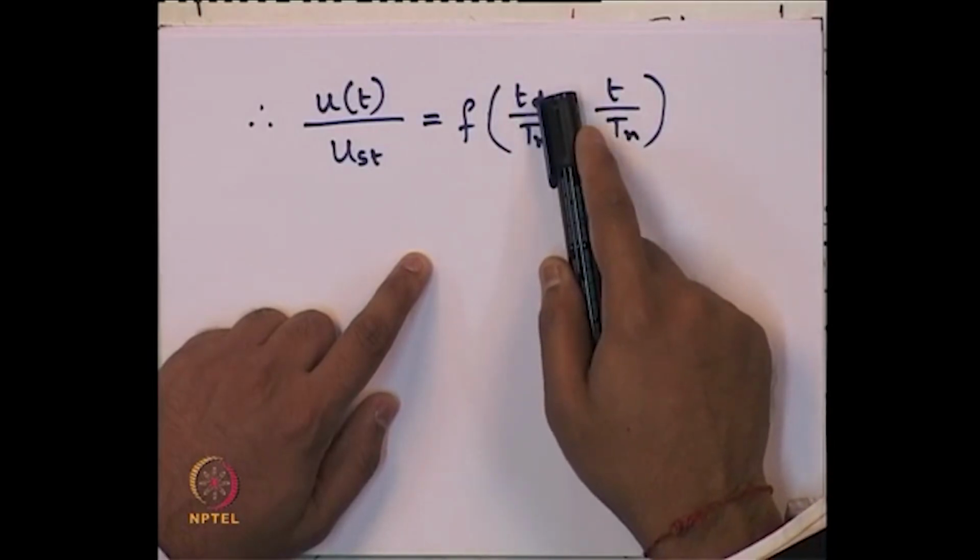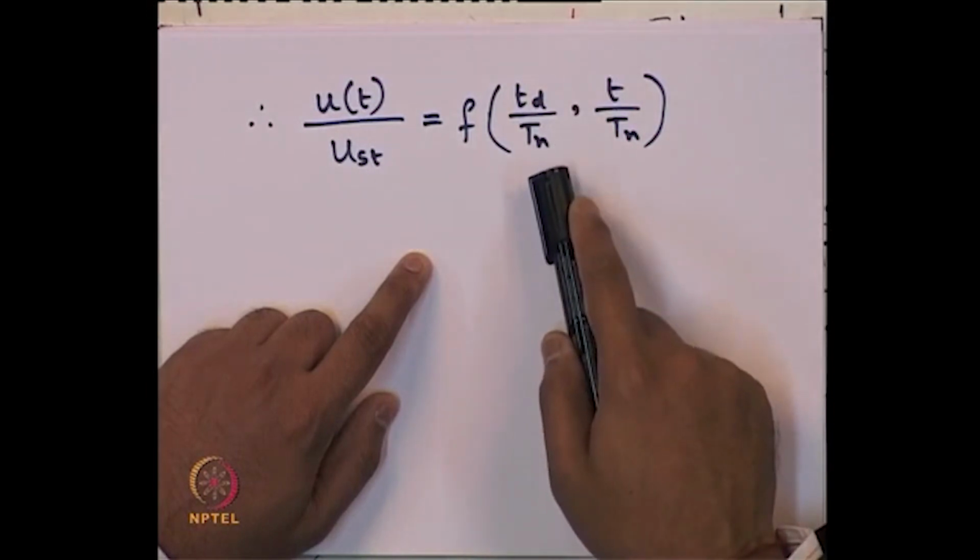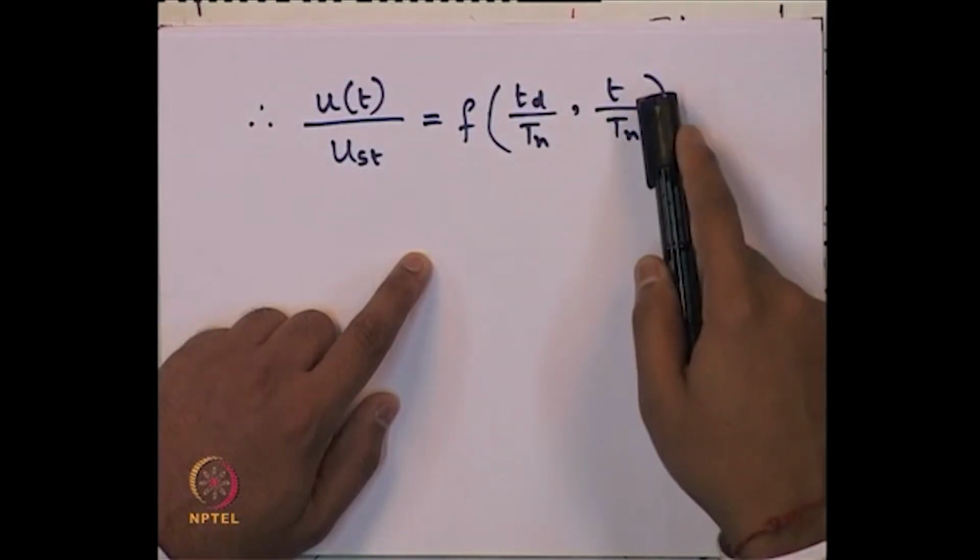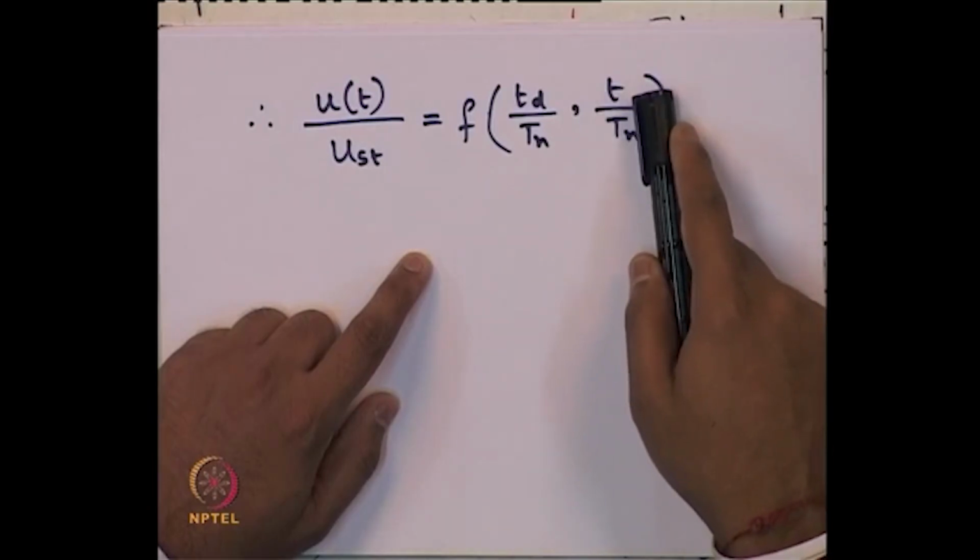That is, how long the dynamic load was acting over the natural period, and how long the total time you are considering. What does it mean?